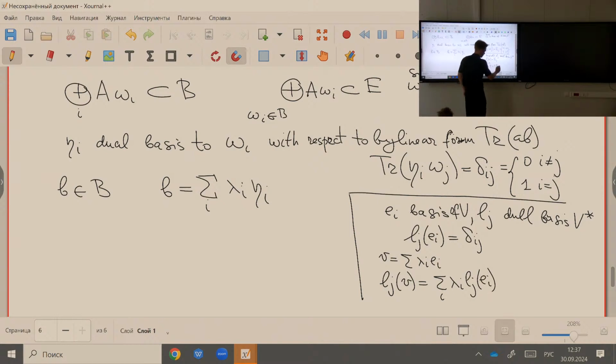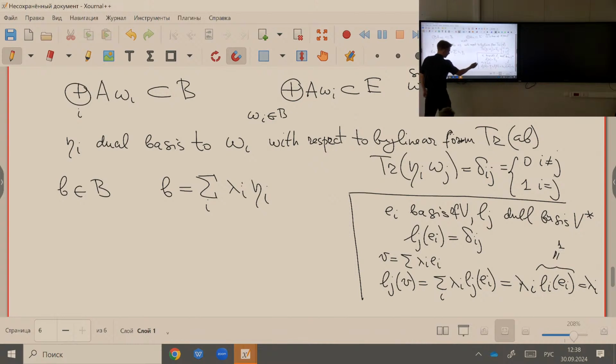Then you have the Kronecker delta symbol, and you have lambda_i times 1. So in order to find lambda_i, you just apply the dual functional to this one.